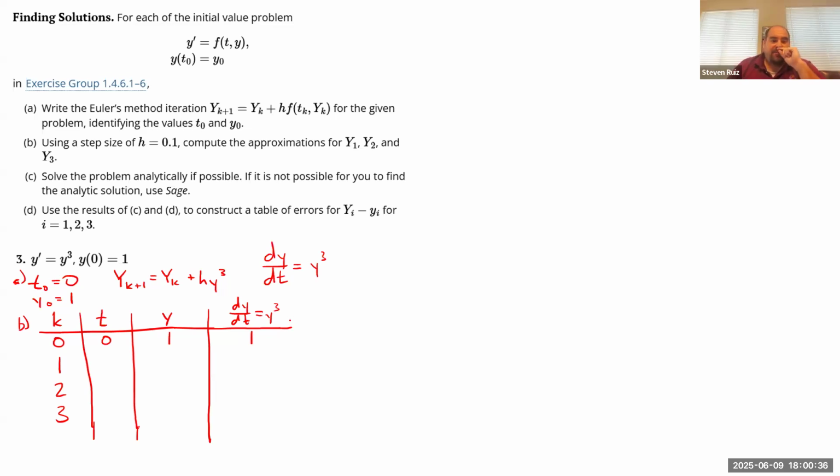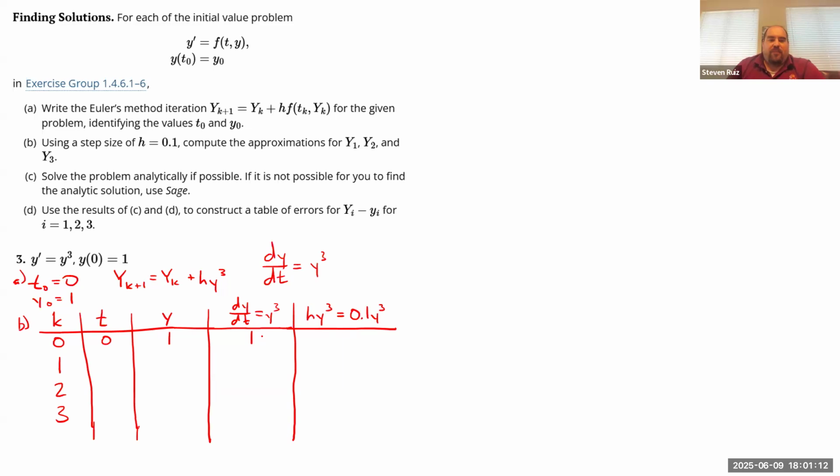So what does that mean here? Let's just keep adding columns. So what is h times y cubed? For what I want to do, h is going to be a constant 0.1 times y cubed.